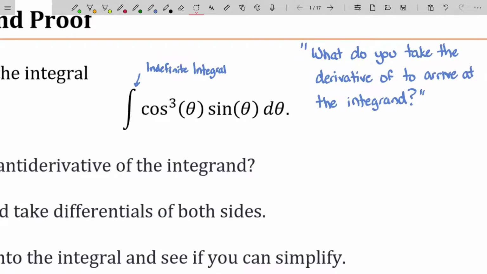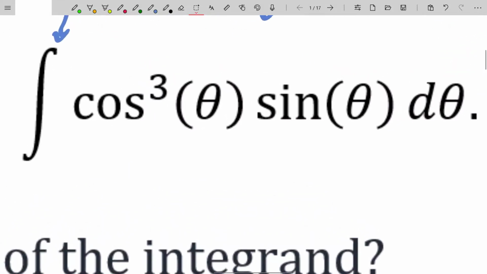Well, for this specific indefinite integral, you might be able to guess your way to it, but that would be strictly a guess. You really do not know offhand the antiderivative of cosine cubed of theta, sine of theta. That is, you do not know what you would take the derivative of to arrive at that.